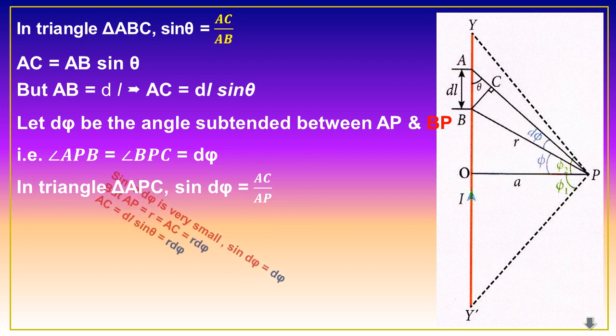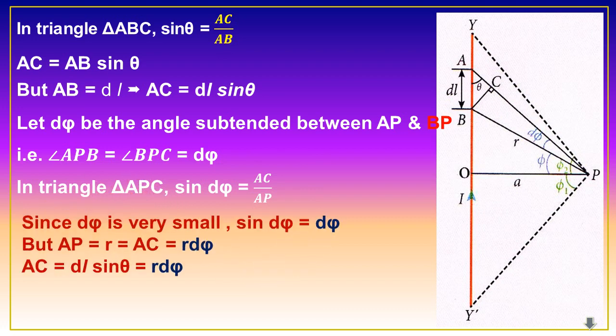Since this angle d phi is very small, sin d phi is equal to d phi, and we know AP is equal to R, the distance.